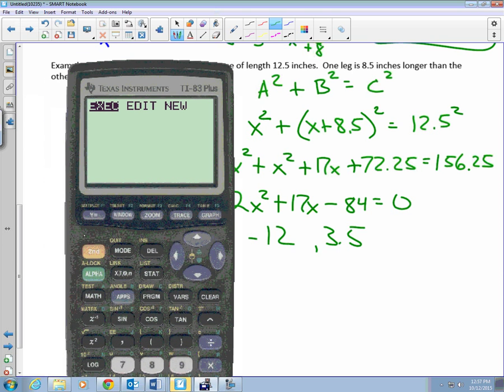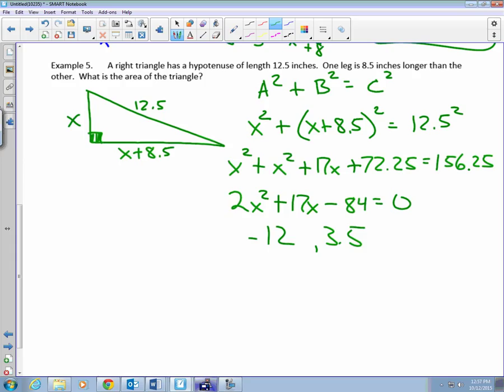So which one could be my answer? I will use 3.5. Not the negative 12, right? Well, I'm going to ask you a bigger question right now. Do you see why the mathematics comes up with a negative 12? Because a negative times a negative is a positive.